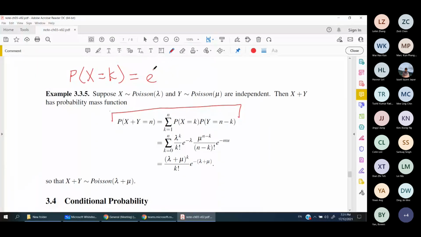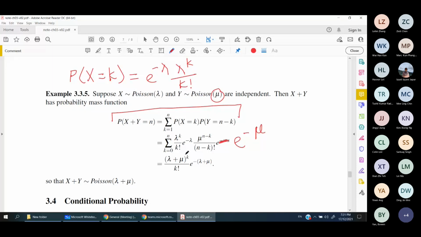The mass function will be e to the minus lambda, lambda to the power of k, over k factorial. Likewise, for mu you just replace lambda with mu, and n minus k replaces k. Sorry, this is a typo; this one is supposed to be e to the minus mu.